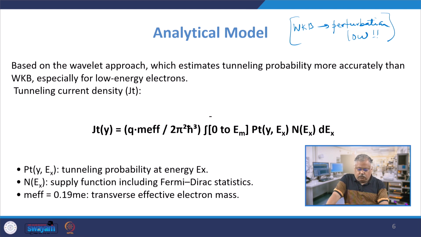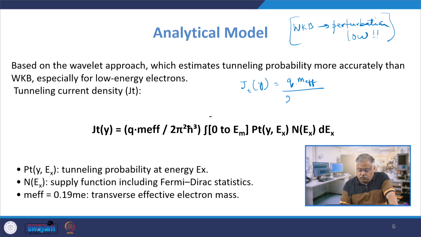Then if you do all sorts of mathematics, this comes out to be equal to this expression, where we define the tunneling current density J_t, which is a function of y, equals q times m effective, the effective mass of the electron, divided by 2 pi squared h-cut cubed, integral 0 to Em, where Em is the maximum energy which you see there, P_t(y, Ex) times n(Ex) dEx, right.